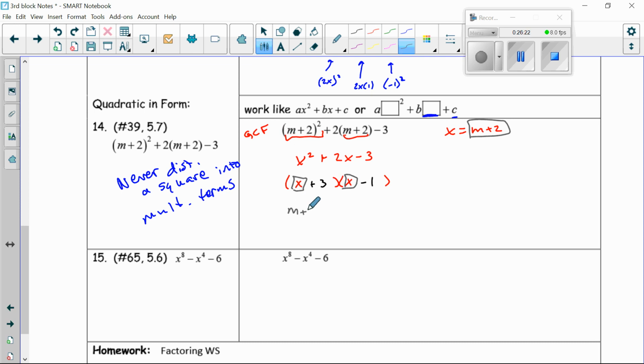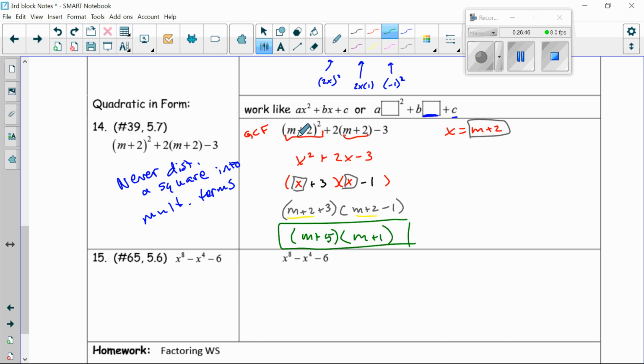So m plus 2 plus 3, and then m plus 2 minus 1. Replacing that m plus 2 with the x there. Last thing I do is add my like terms. That's the 5. And that would be my final answer.